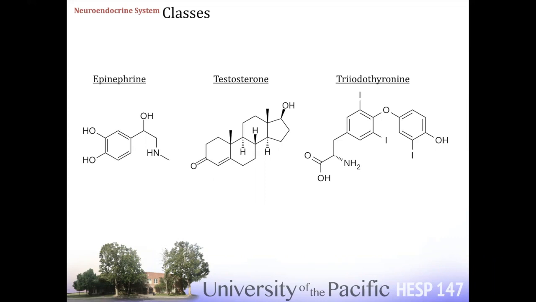They have inside receptors. They cross the cell membranes, not in the same way. You'll notice you're not seeing cholesterol here. That's cholesterol right here, and that's a steroid hormone, right? Epinephrine is an amine hormone, a polypeptide hormone. And this is a thyroid hormone.